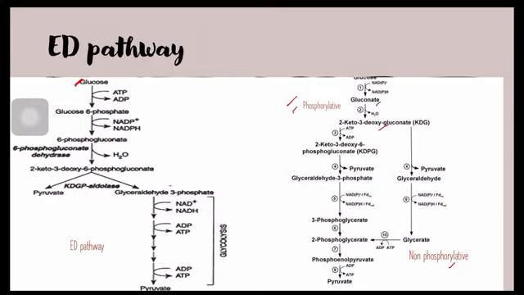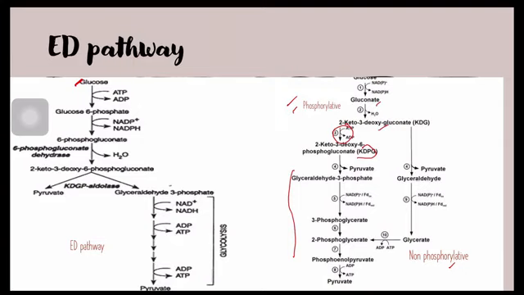The KDG is phosphorylated at the expense of ATP to KDPG, and the remaining pathway is similar to the ED pathway observed in bacteria. This is what we call the phosphorylative pathway, which involves the ATP-dependent phosphorylation of KDG.